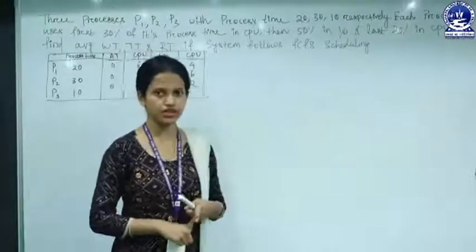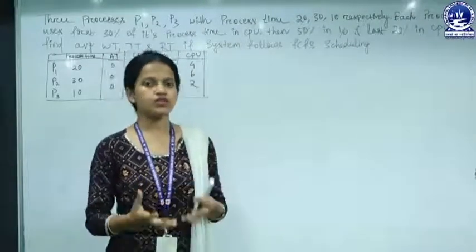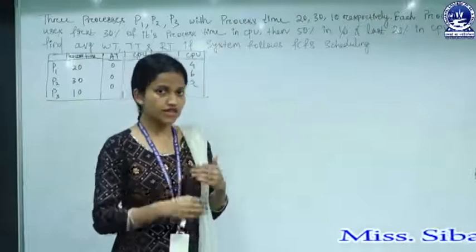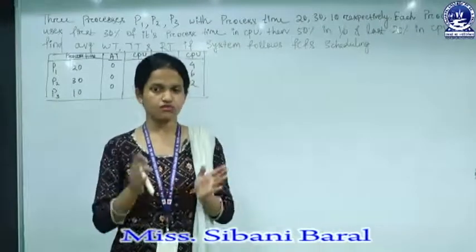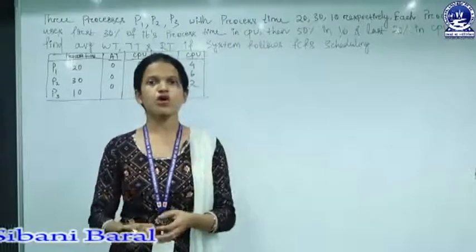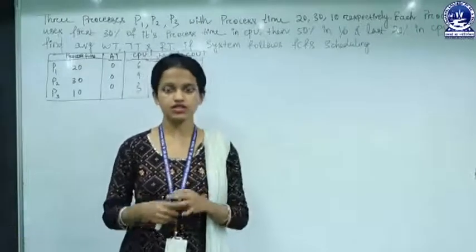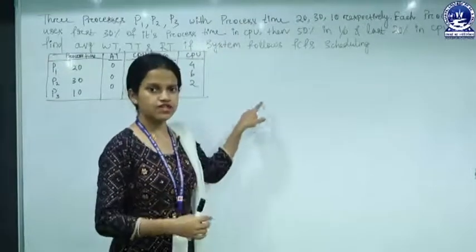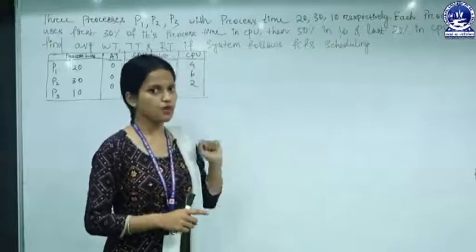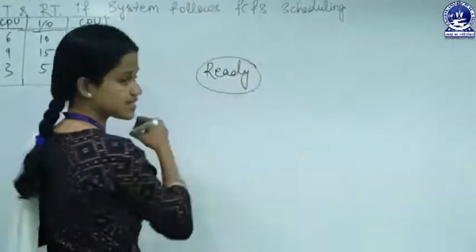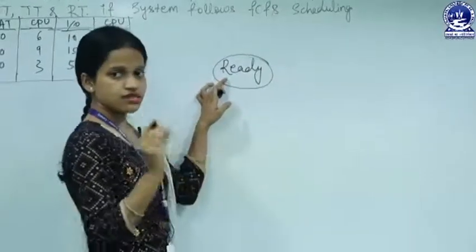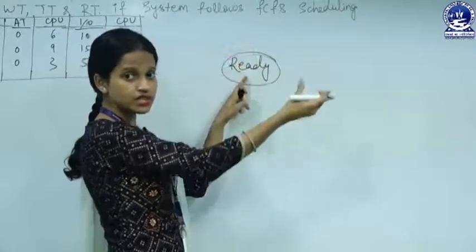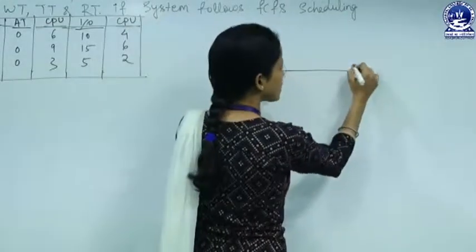This is the first point, and the second point is that it will leave the CPU in one condition. During its execution in CPU, if it requires some IO operation, then it will leave the CPU at that moment and go to the block state. Here this is the ready state. A process that first arrived in the ready state will be assigned to the CPU first, then it will go to the running state.